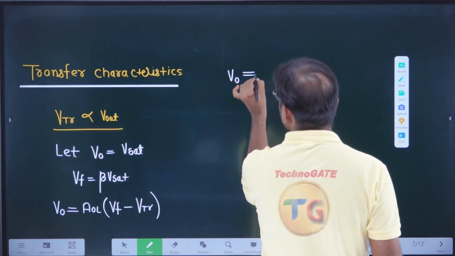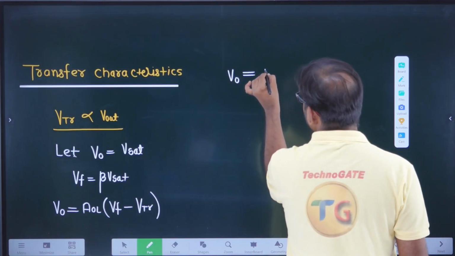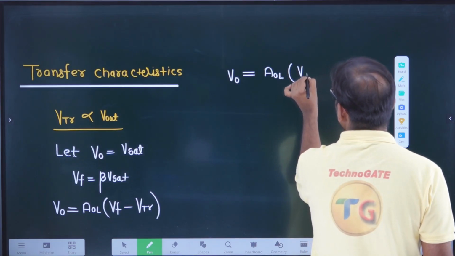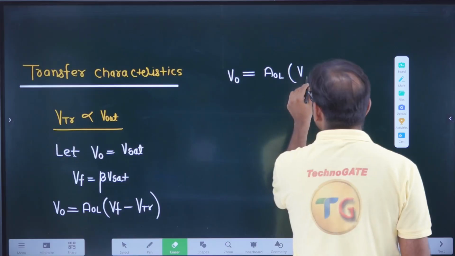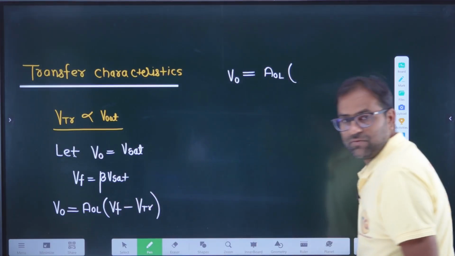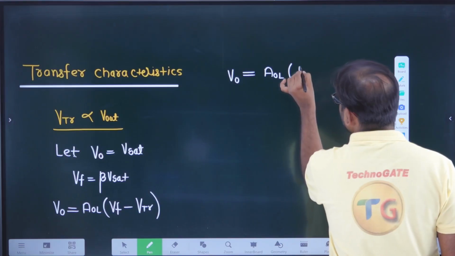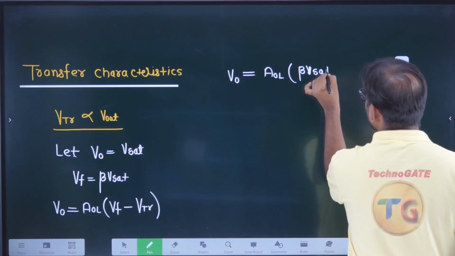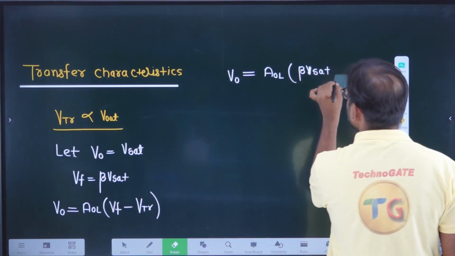So can I say V out can be written like this: open loop gain multiplied by beta into V saturation minus VTR. What is the feedback voltage we are having? Feedback voltage we are having is beta into V saturation.